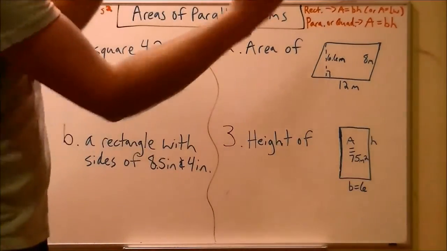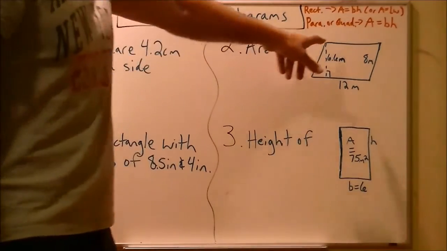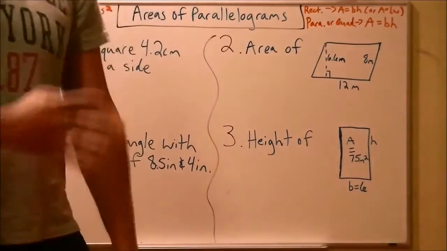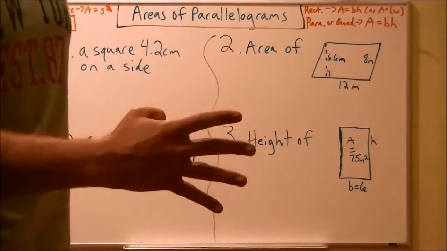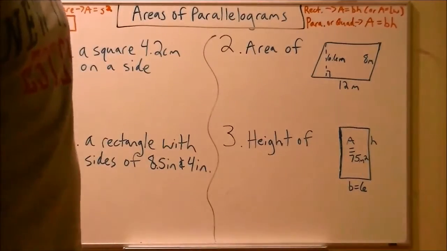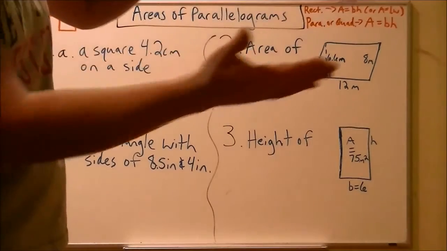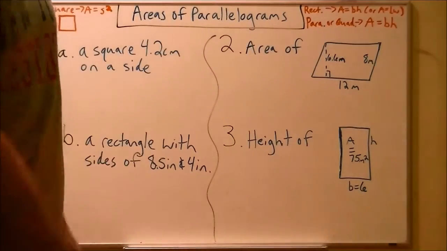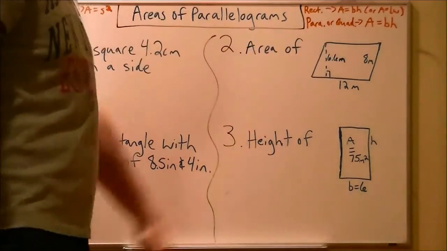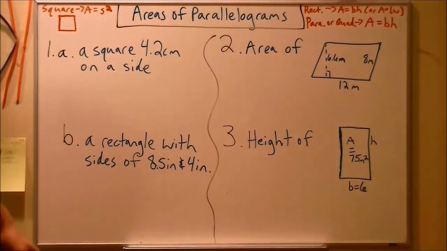Or they run the same as one another. Quadrilaterals, quad, 4, right? You have 4 sides, each side has something that runs laterally or alongside it. So they're the same concepts, parallelogram or quadrilaterals.